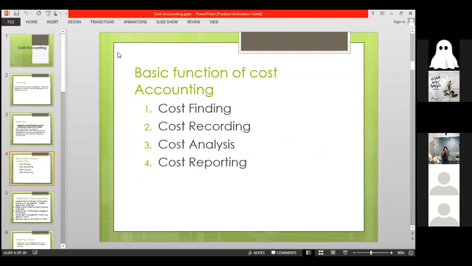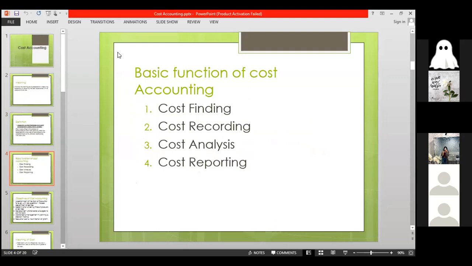So the functions of cost accounting are cost finding, recording, analysis, and reporting. Just like the journal entry system, or the financial accounting system that we saw, we find a transaction first, we record it, then we analyze, and then we report it.